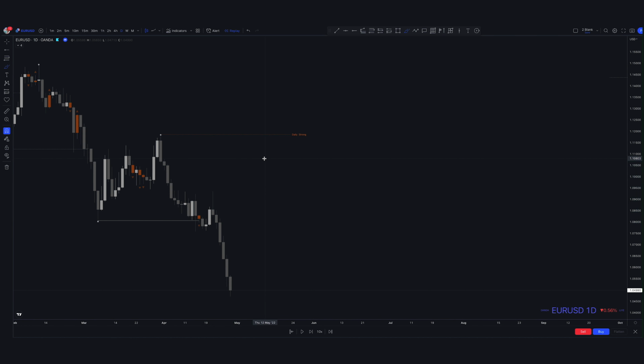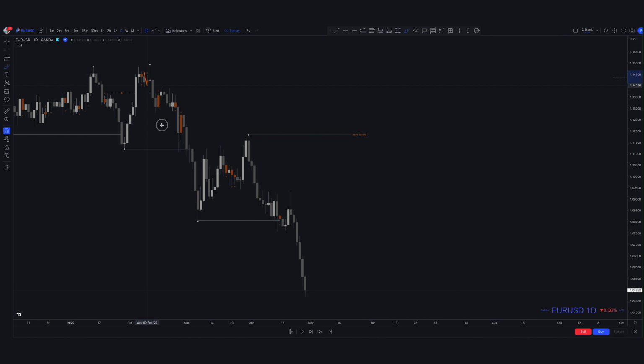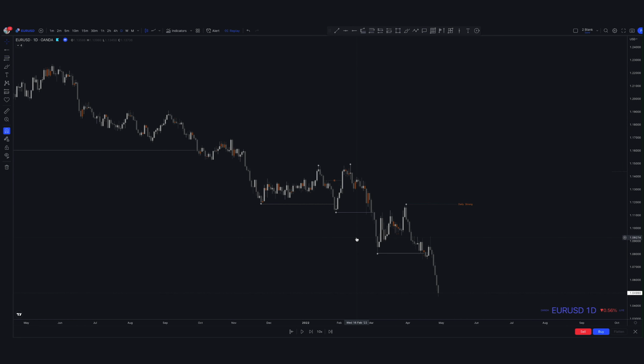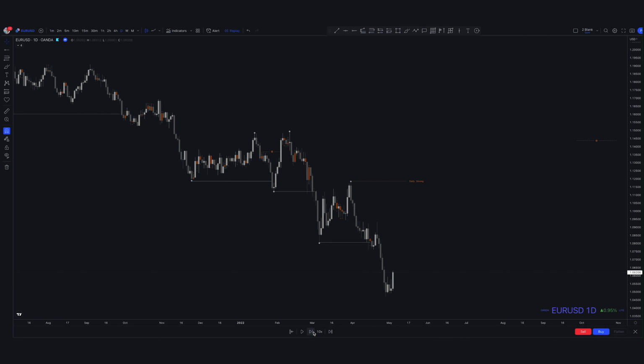No, we need to understand that price is still bearish, and maybe this is just a sweep of liquidity, where price is grabbing orders on top of this high here, just to continue down as it did. So let's continue.